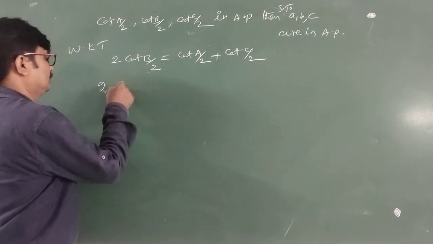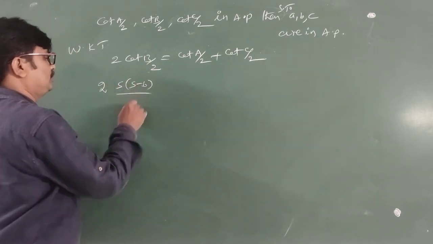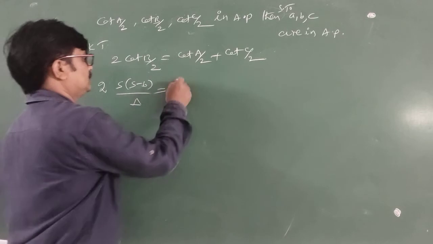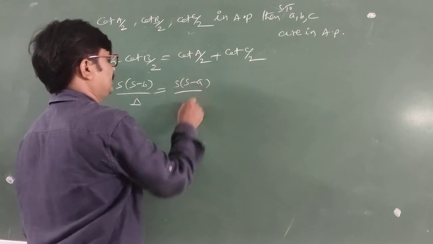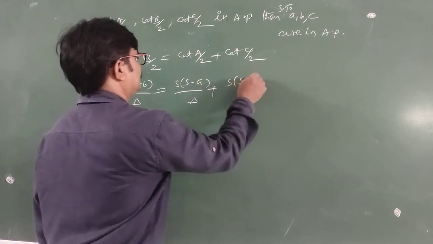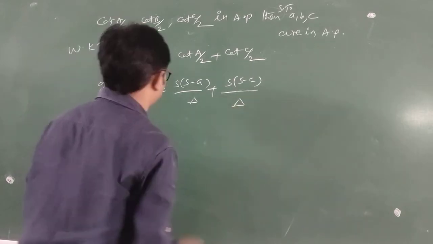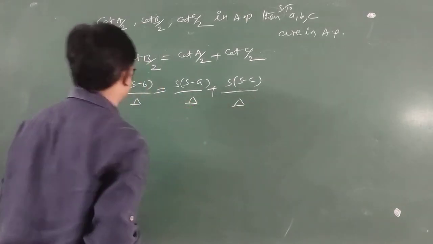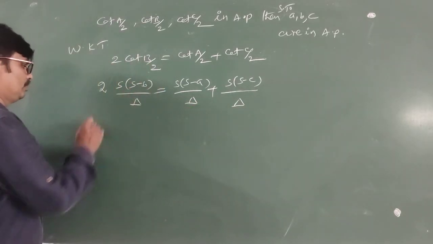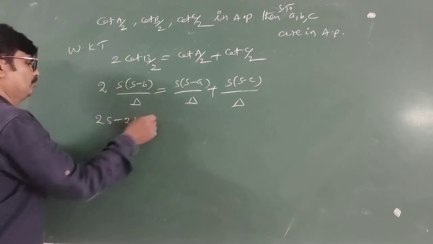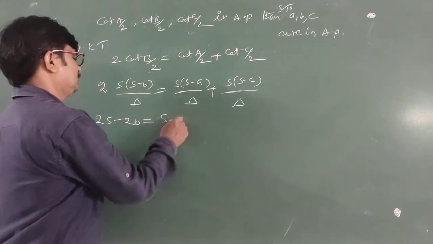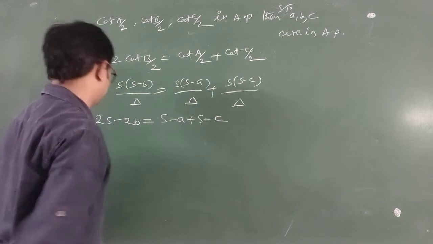This is S into (S minus B) by delta, this is S into (S minus A) by delta, and this is S into (S minus C) by delta. So here S by delta is common. So 2 (S minus B), this is (S minus A) plus (S minus C).